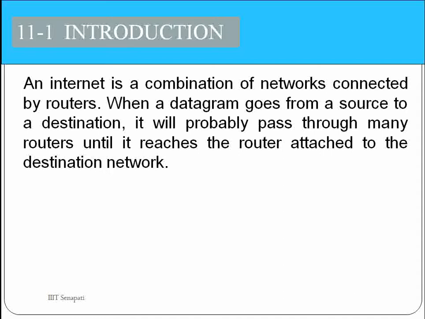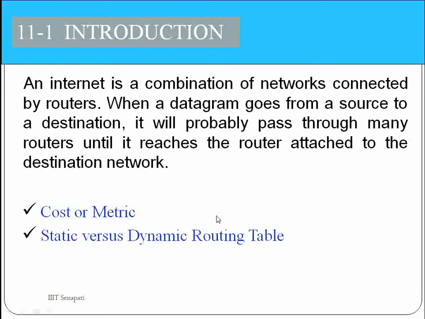You will see here cost metric. Cost metric means the cost of passing through the network. Let us assume passing through a particular network we have a particular cost. So we will consider this cost as metric.